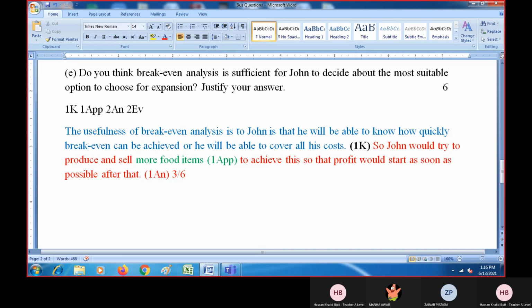Now we talk about the other side. However, right, this is the other side. Whenever this type of question is there, what is important is that you will be discussing both sides. It means you will be telling at least one advantage of break-even analysis, and then one disadvantage of break-even analysis. Okay, and then you will come up with your own opinion.